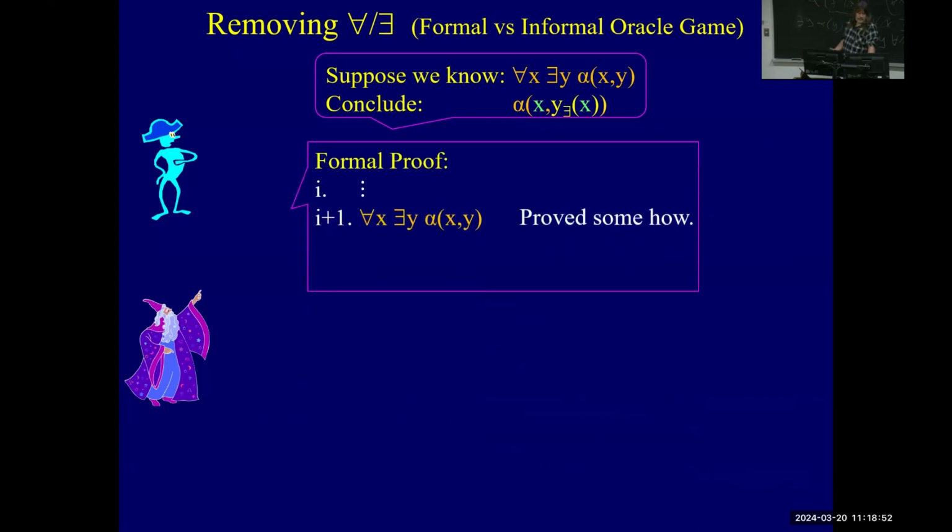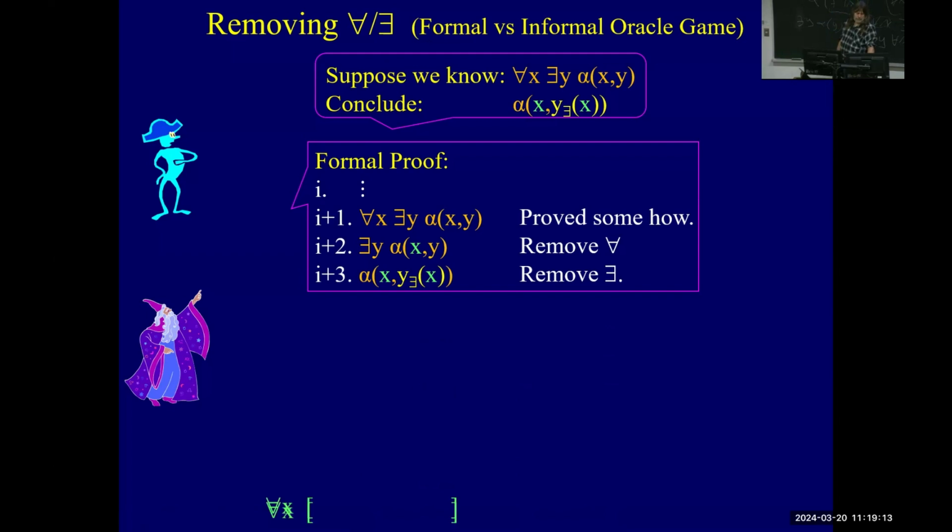All right, so here we have this. So what do we do? We get rid of the for all x and we make it a free variable. And now we want to get rid of this exists y, but we have a rule that says it has to depend on the free variable. And then remember what we meant.